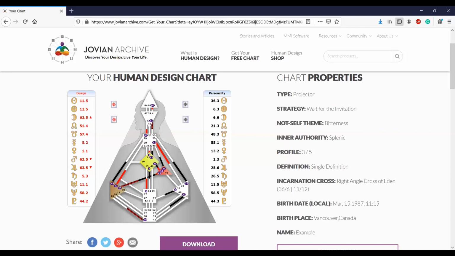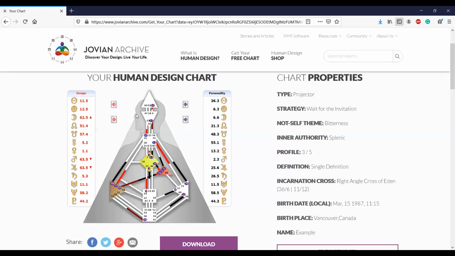This is the energy you bring into this life, your imprint. The energy of colored or defined centers is consistent, reliable, and recognizable. As for undefined centers, which are white, they are open for conditioning, but also for experiencing the whole range of what this center offers and gaining wisdom from it.